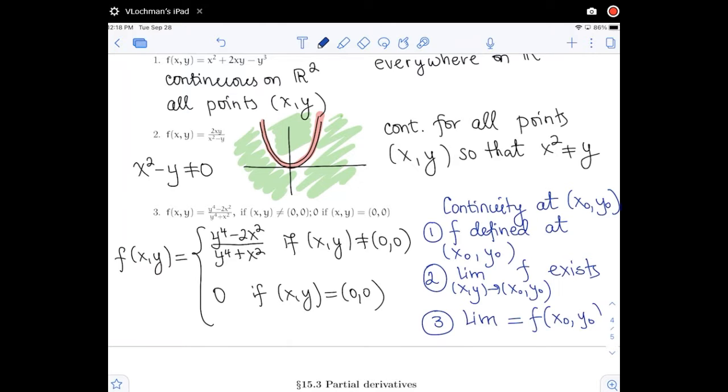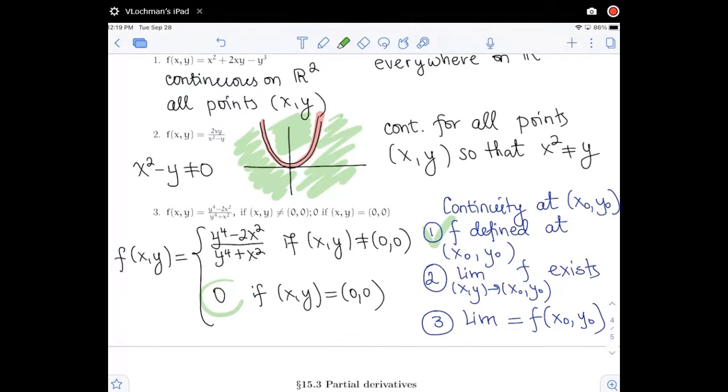We don't have any problems for points that are not the origin. The function is continuous for all values that are not the origin, no problem. What about the origin? Is it defined? Yes, it is definitely defined. We just defined it right here. It's equal to 0.